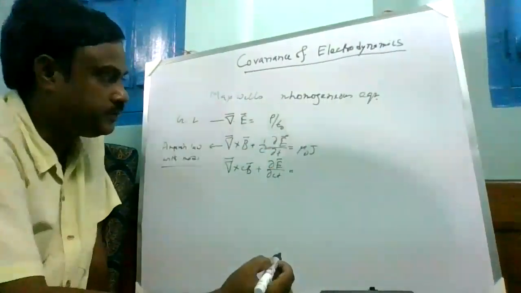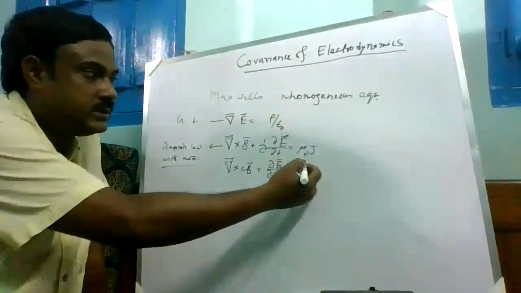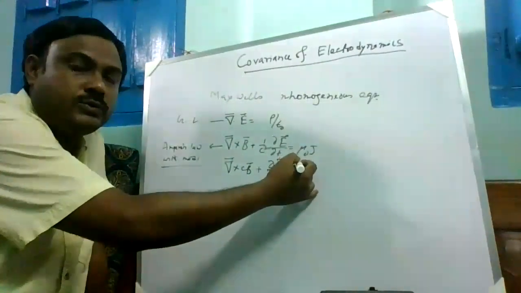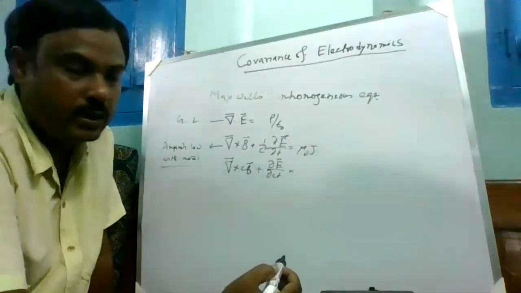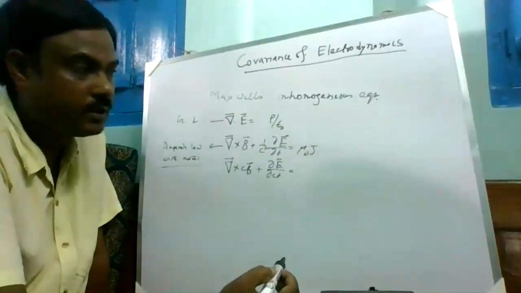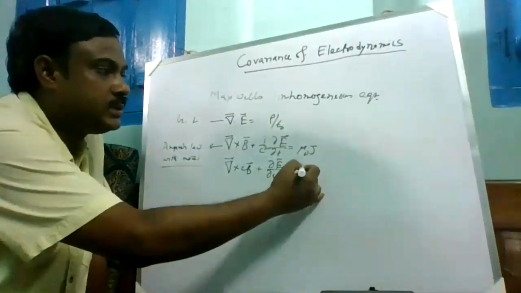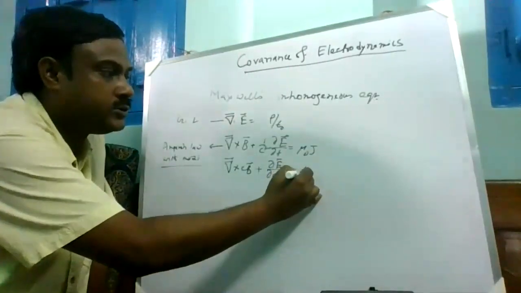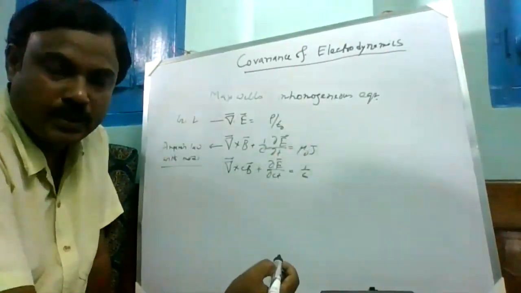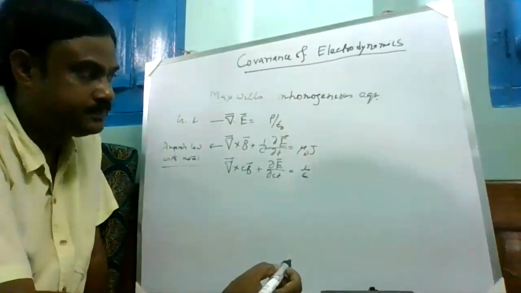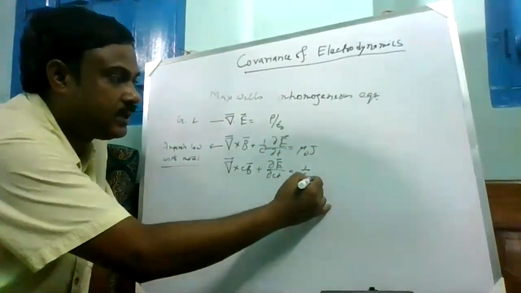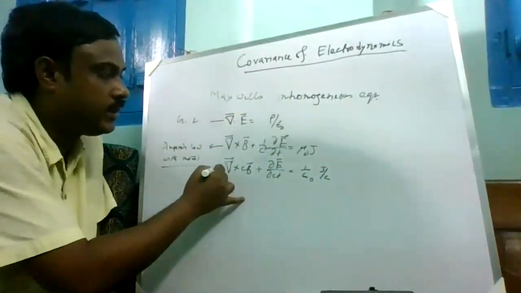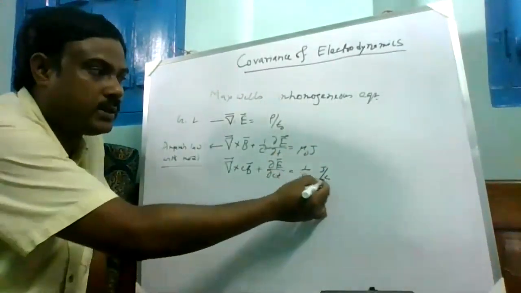This will be equal to, if you multiply with this c, c squared equivalent to 1 by mu 0 epsilon 0, so this will be 1 by epsilon 0 into J by c, because here we are multiplying with c and here is c square, one c remains.